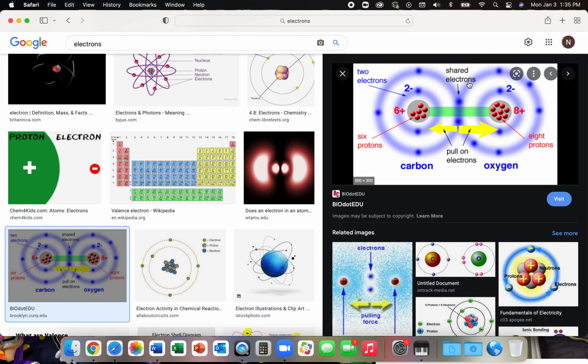Now, this ends up meaning that both of the atoms share the electrons instead of one of them getting them. That means it forms a bond and creates a whole new substance. So this would be carbon oxide, which means that this is a whole new compound, which, as we talked about before, is a mixture of atoms.